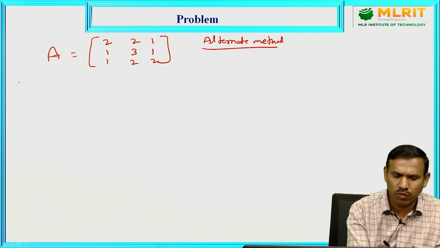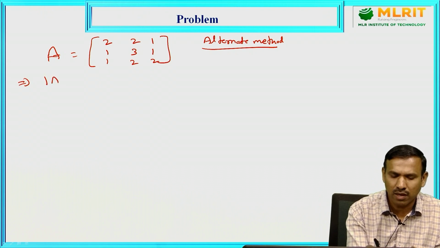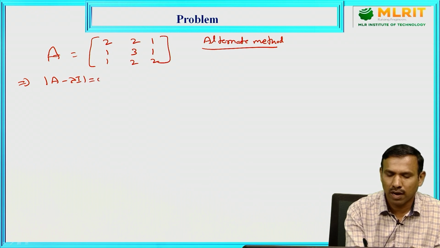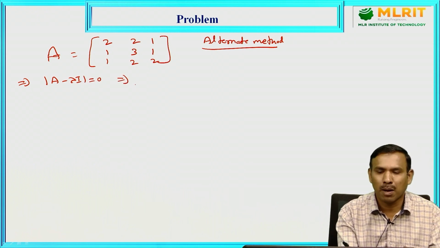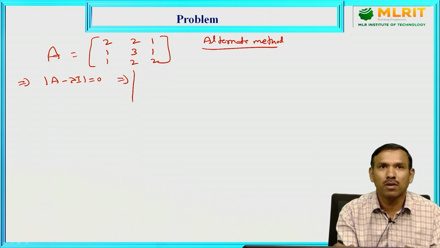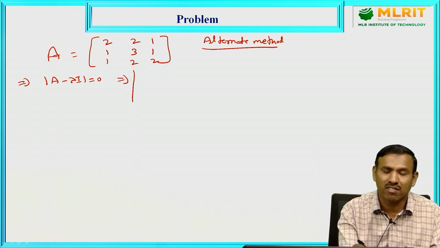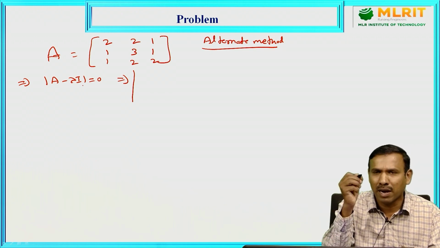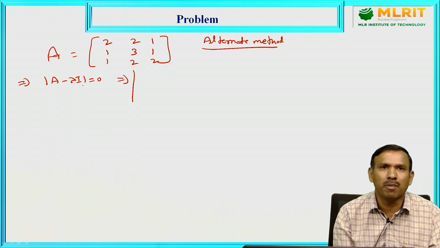Generally, as usual, we take the characteristic equation det of A minus lambda I is equal to 0. Minus lambda means, as in the previous problem, subtract lambda from the diagonal elements and write the remaining elements as they are, because you are subtracting an identity matrix. Identity matrix means diagonal elements are 1, remaining elements are 0.